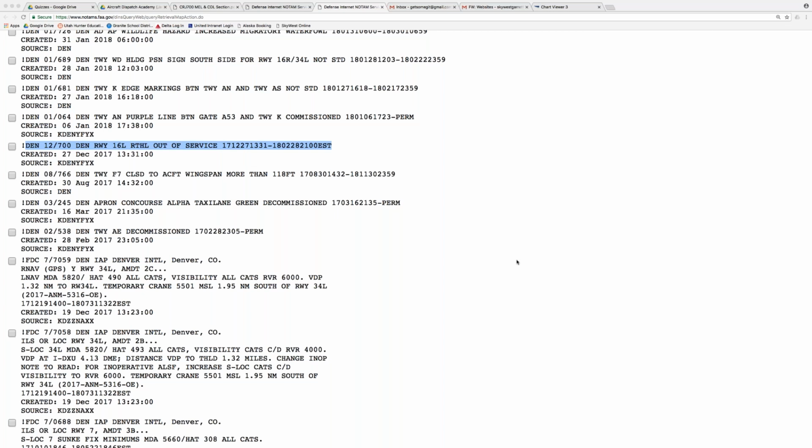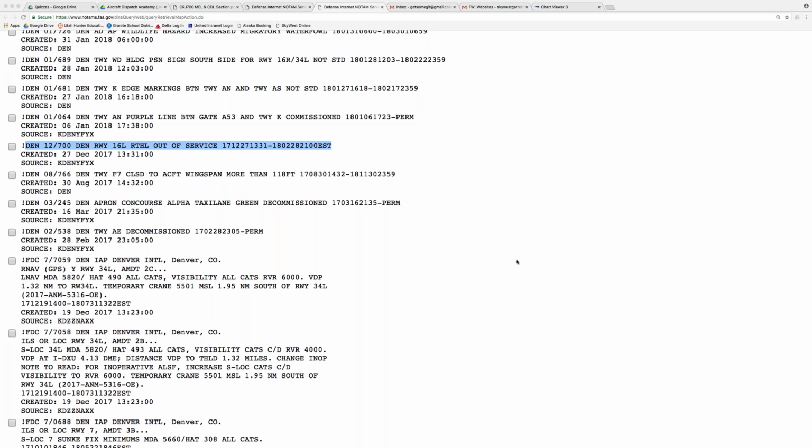All right. So a NOTAM in December for Denver Airport. Denver runway 16 left, or 16L. RTHL. I don't know what that means. Okay. Out of service.